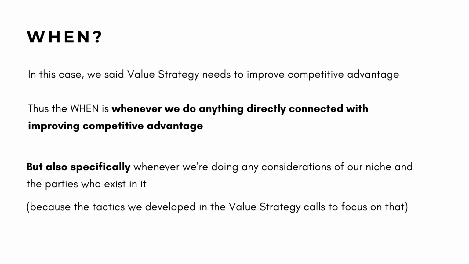In our specific case study, we said that our value strategy is going to be improving our competitive advantage. So in our case, our when is whenever we do anything directly connected with improving the competitive advantage, but also specifically whenever we're doing any sort of considerations of our niche and the parties who exist within it, because the tactics that we've developed in the value strategy cause us to focus on that specifically.